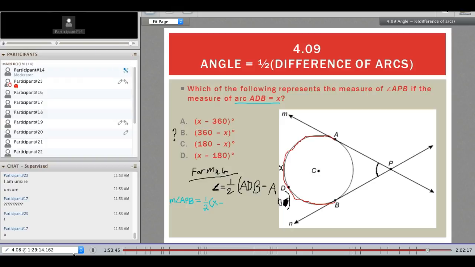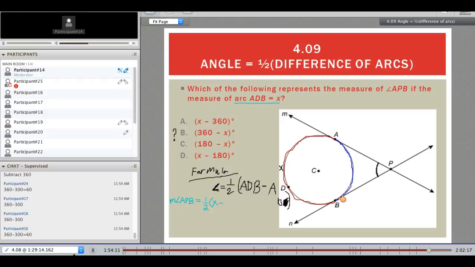Okay, so here's where it gets tricky. If this was 300, what would you do to find AB? Tell me the process. If you actually had a number over here for arc ADB and you knew it was 300, what would you do? Yeah, you'd take 360 minus 300, right? So even though this is x, apply the same idea.